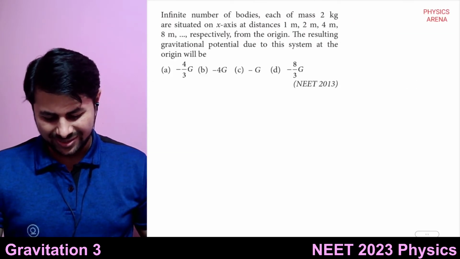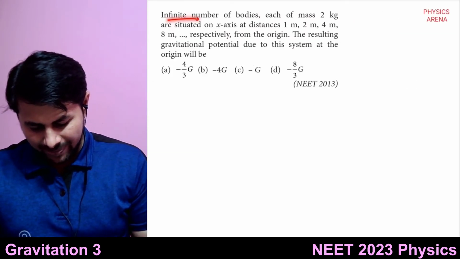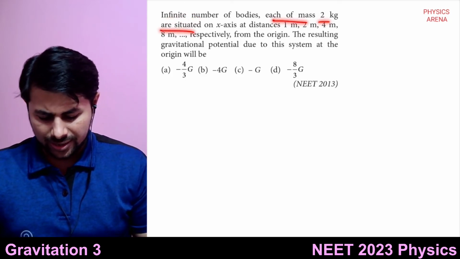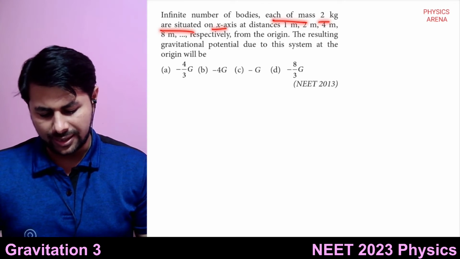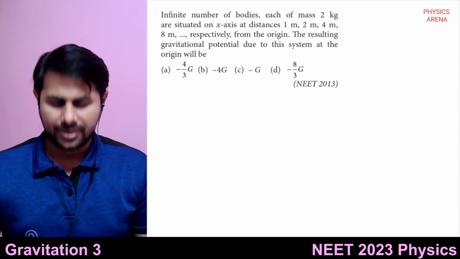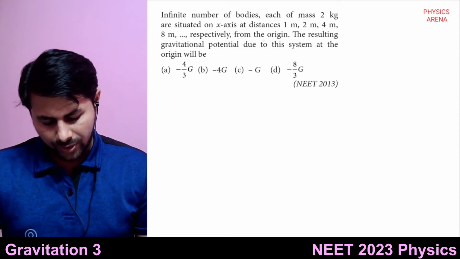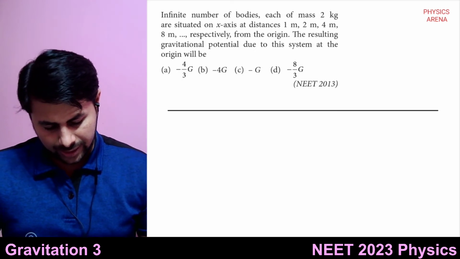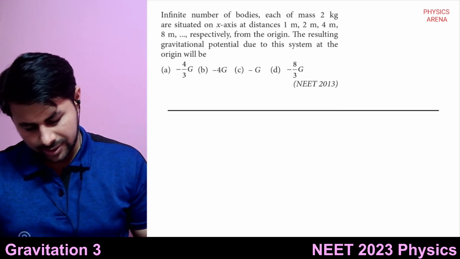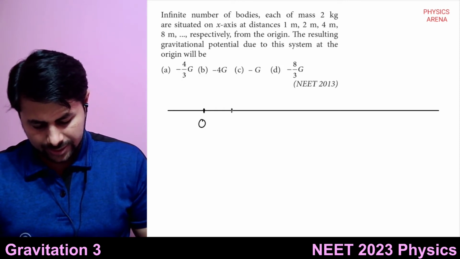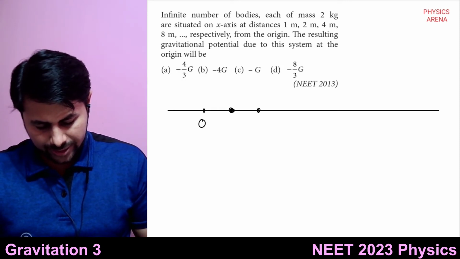All right, next question. An infinite number of bodies, each of mass 2 kg, are situated on the x-axis at distances 1 meter, 2 meter, 4 meter, 8 meter respectively from the origin. So there are infinite bodies and all of them have mass 2 kg.